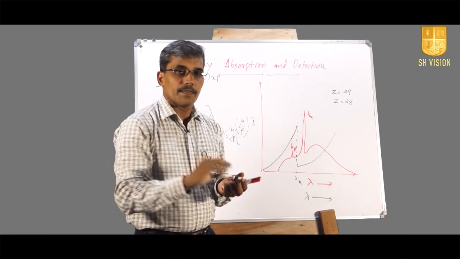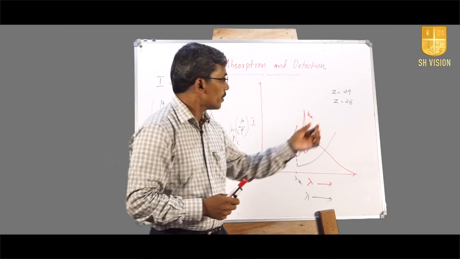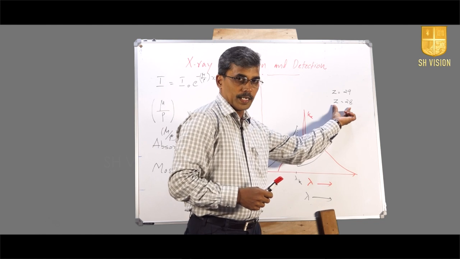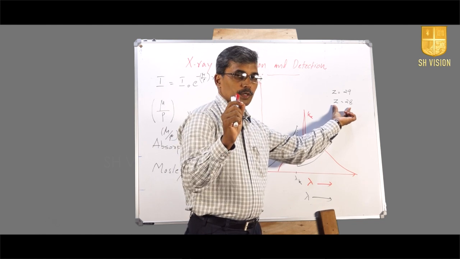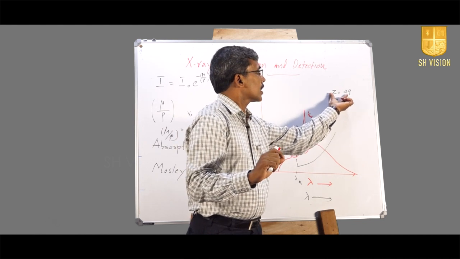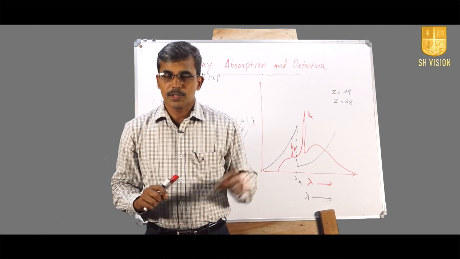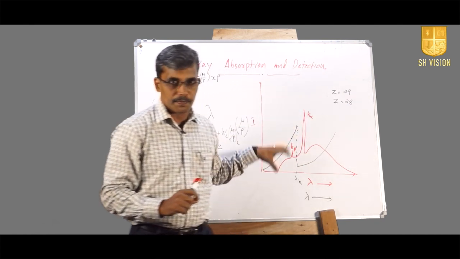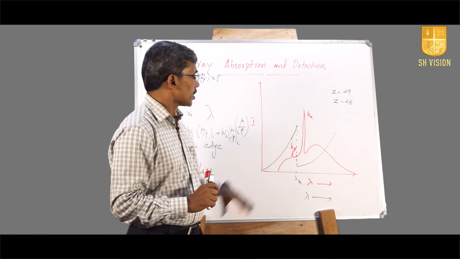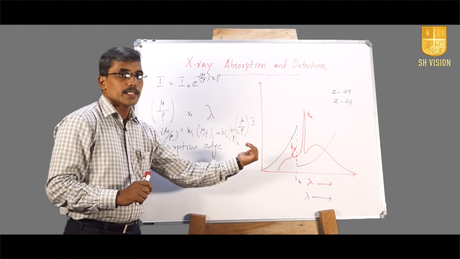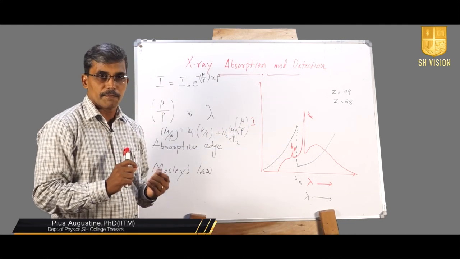So generally when we use a filter, the atomic number of the filter material should be nearly 1 or 2 below the atomic number of the target. So this information we are getting from this graph.